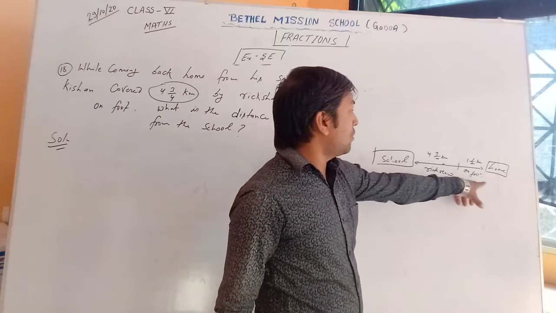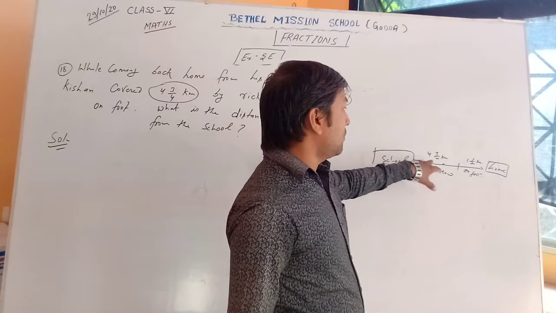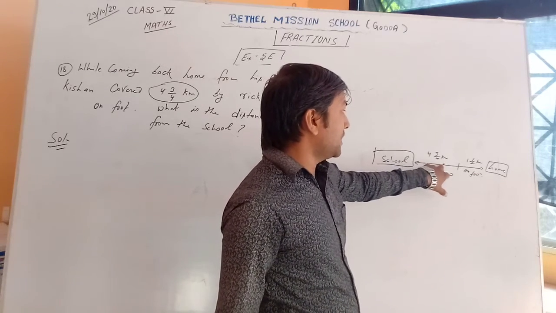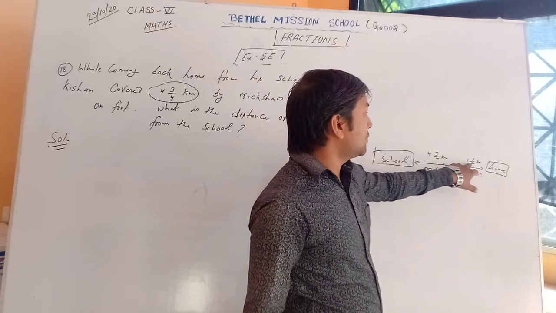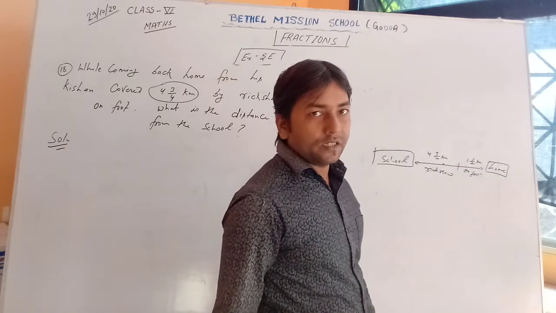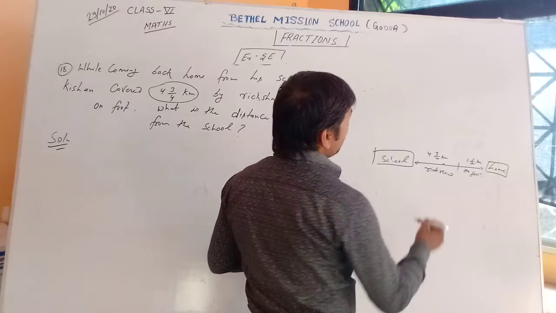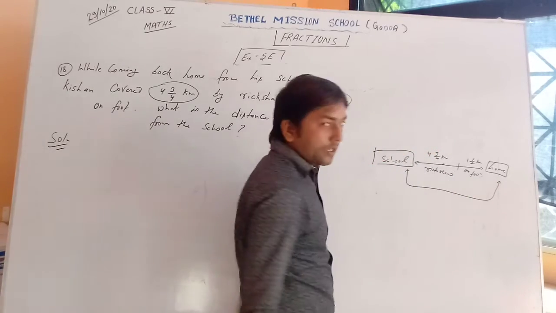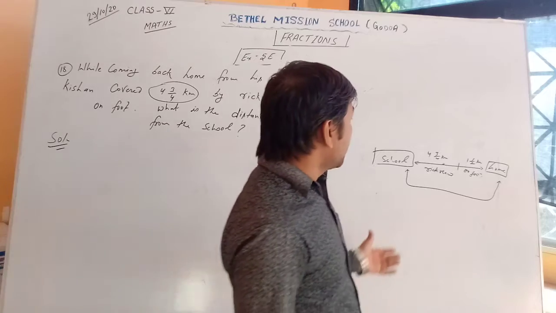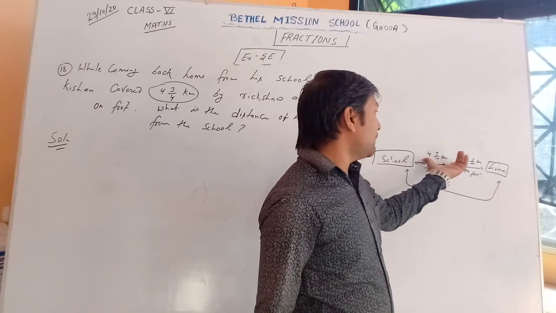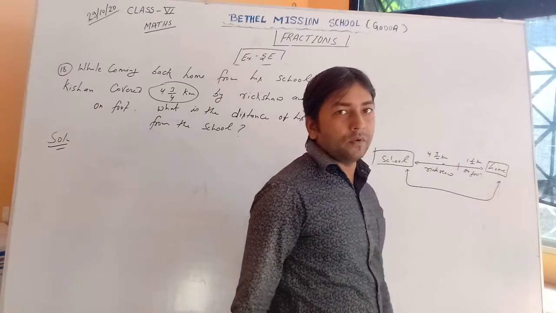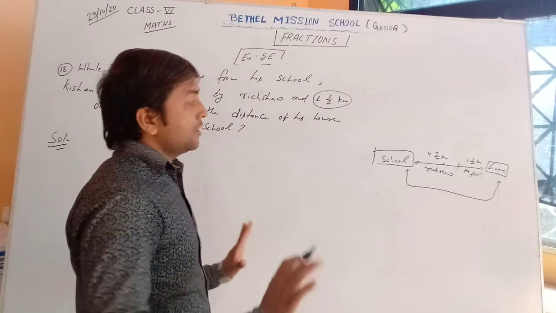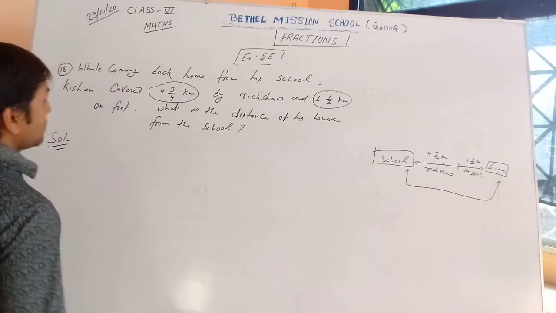From school to home, by rickshaw 4 and 3/4 kilometer, and on foot 1 and 1/2 kilometer. So you have to find the total distance from home to the school. If we add both numbers, then we get the total distance.